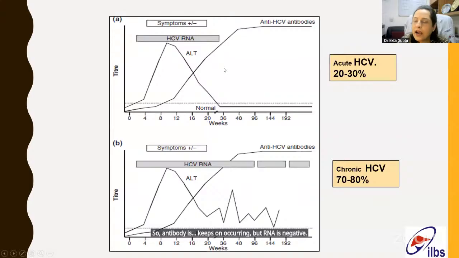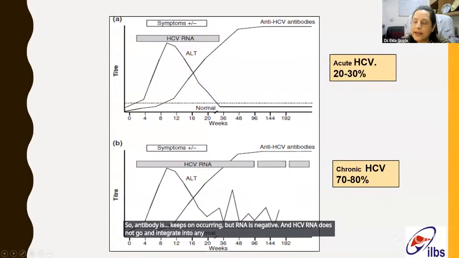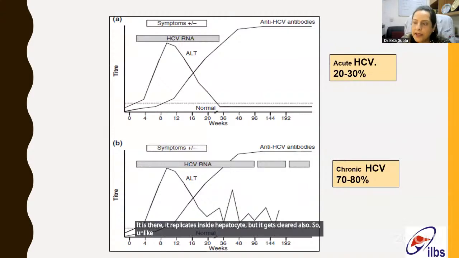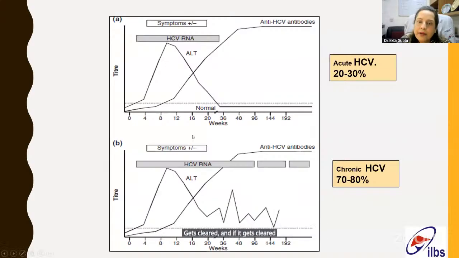And HCV RNA does not integrate into any chromosome inside any host cell. It replicates inside the hepatocyte, but it also gets cleared. So unlike HIV and hepatitis B, the HCV virus gets cleared. And if it gets cleared, that means the person has resolved the infection. This occurs in 20 to 30%.